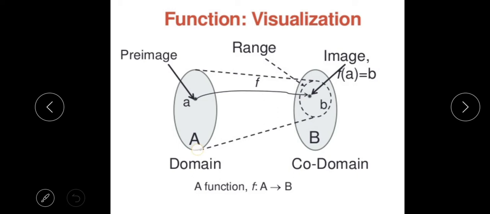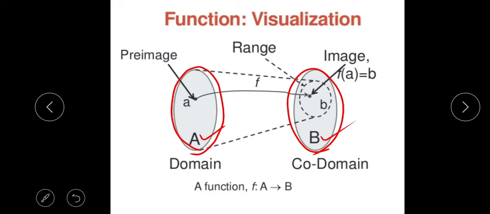We have the big collection. This is called a set, denoted by capital A. And another set, another collection, denoted by capital B. I considered a small element a, one input value a, and the corresponding output, which is small b.